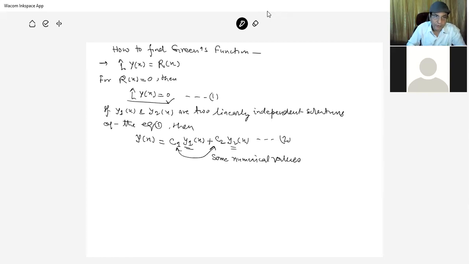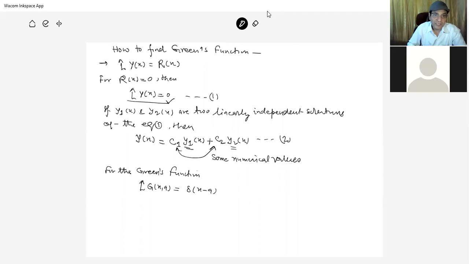For the Green's function, the same condition, that is when L operating on the Green's function G, then it is nothing but delta (x minus a).